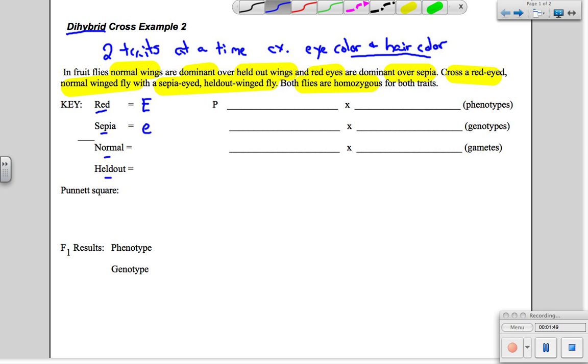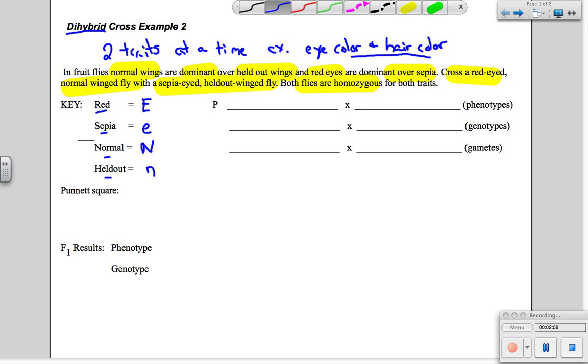In terms of wing color, I could use the letter W, but uppercase W's look a lot like lowercase w's, and I don't want any confusion. So I'm going to use N, capital N, for the normal dominant trait, and lowercase n for the held out wings, which are recessive. Step 1, check.